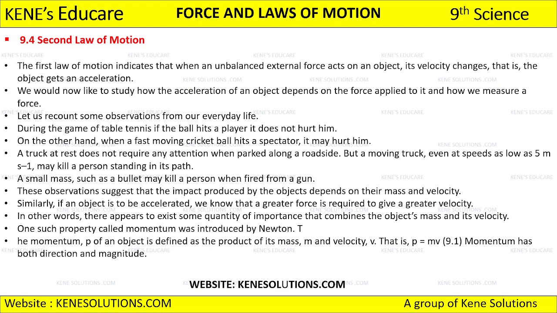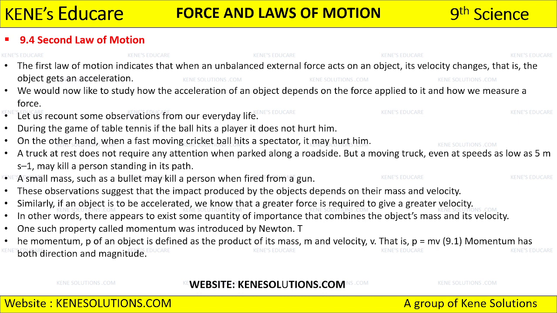Okay, so momentum, which is denoted by small p. Momentum of an object is defined as the product of its mass m and velocity v. What is it defined as? Product of mass and velocity, that is p, which we know as momentum, will be equal to mass into velocity.